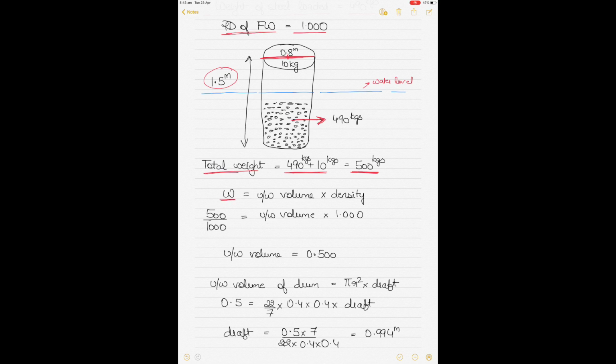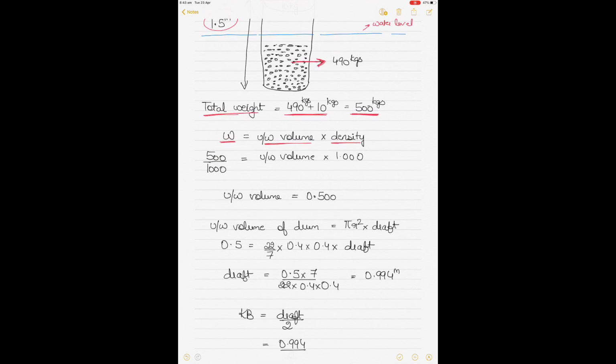What you can go from there is that this also becomes the displacement, because displacement equals the weight of the water displaced, and the weight of the water displaced will be equal to the weight of the object. So in this case the weight of the object is 500 kilograms, therefore our displacement becomes 500. Displacement equals underwater volume by density, that you have seen before in the example.